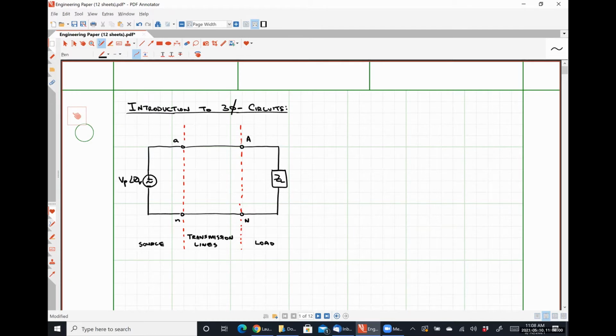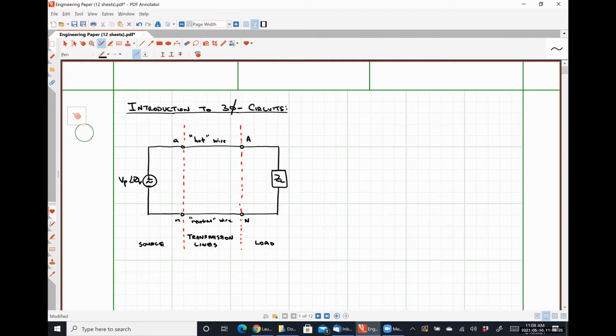And while we're talking about things, for our single phase circuits, we typically have a hot wire and a neutral wire. There isn't necessarily a ground, okay?